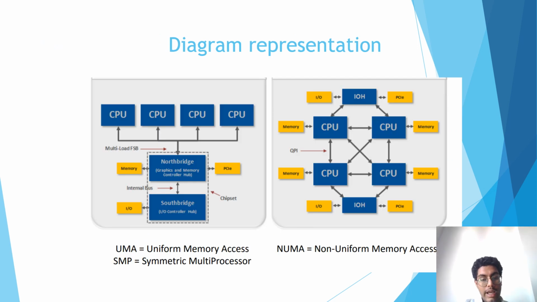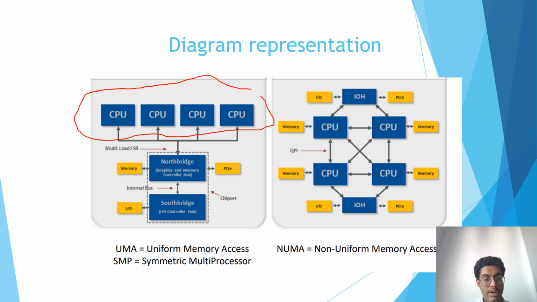So these are the diagram representations of UMA, SMP and NUMA. Here we can see that in UMA, the CPUs access the north bridge by the help of an internal bus, and there is a chipset.